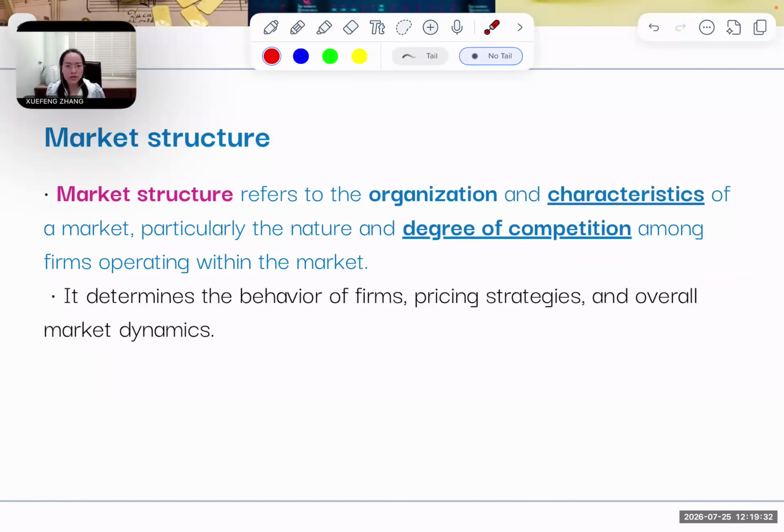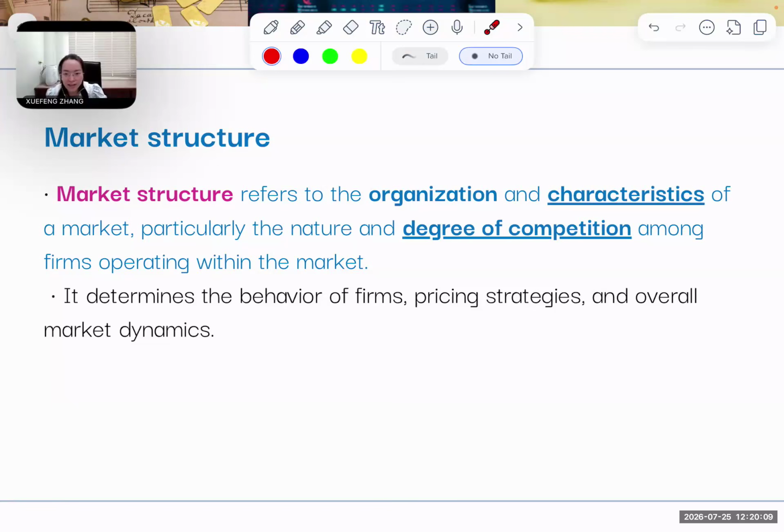Think about it as a spectrum. On one end, there are hundreds of vendors at Walolo selling identical vegetables. Nobody has any power. You can walk away and buy from the next store. On the other hand, one company owns the entire electricity grid. You have zero alternative. And here's why it matters practically: the amount of competition determines how a firm behaves.